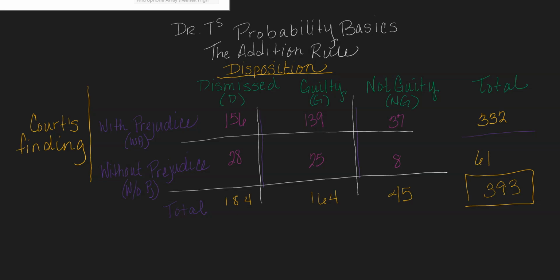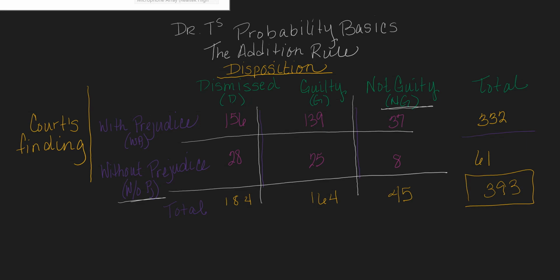Let's try another probability estimate using this same crosstab. Let's find the probability that a defendant is, let's go with found not guilty, and that the court also decided to tack on without prejudice. All right.